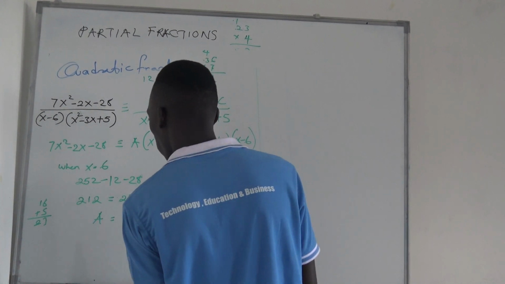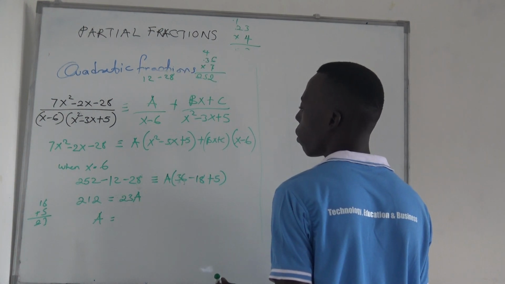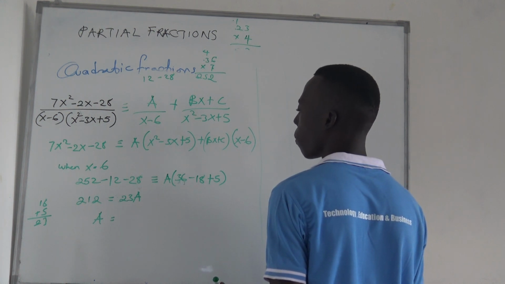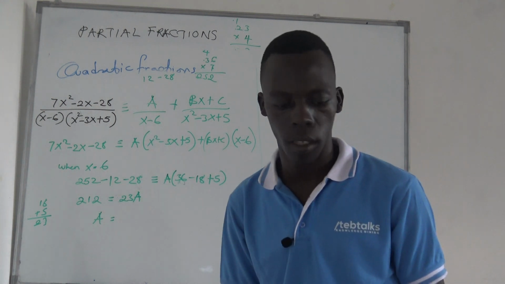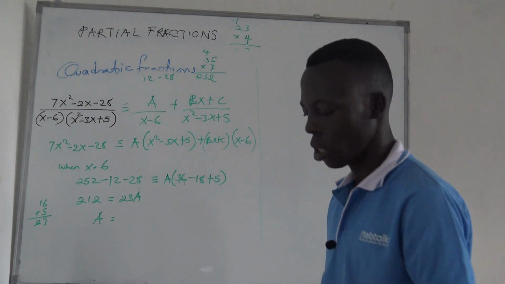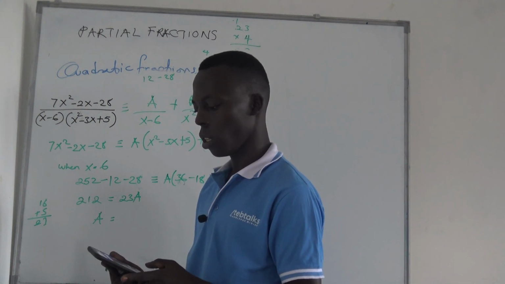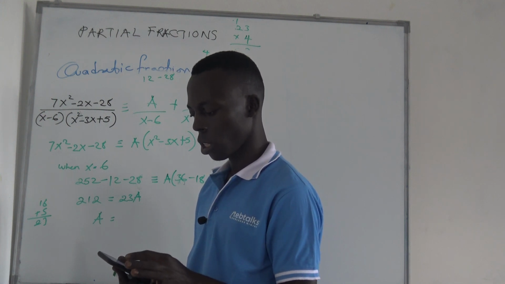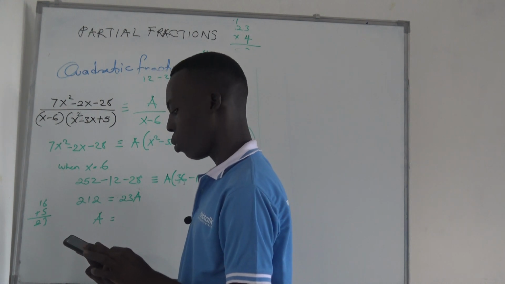So when we divide, let's see what we have to get after dividing: 212 divided by 23.